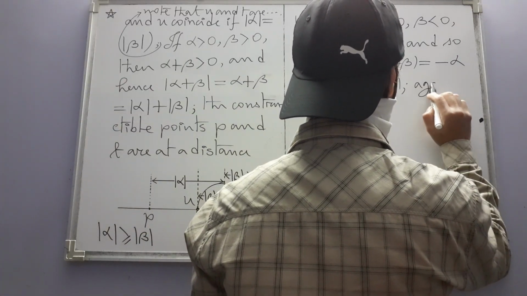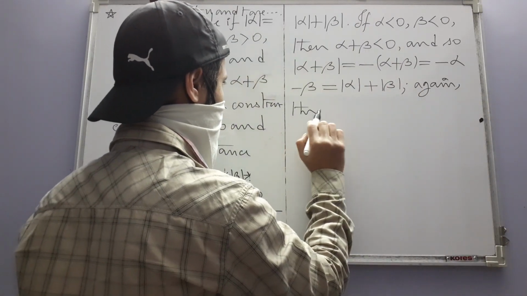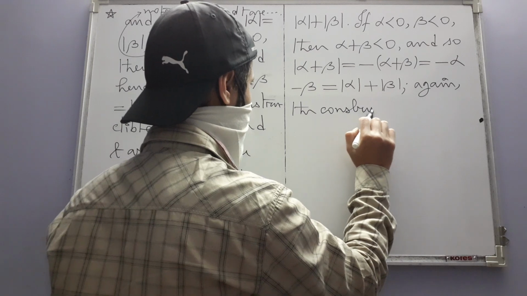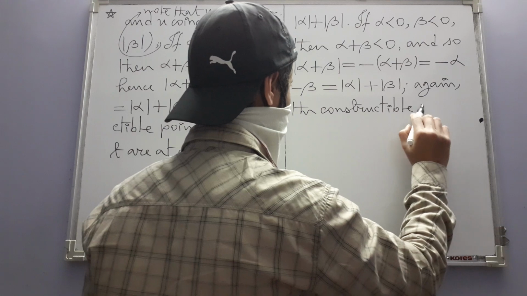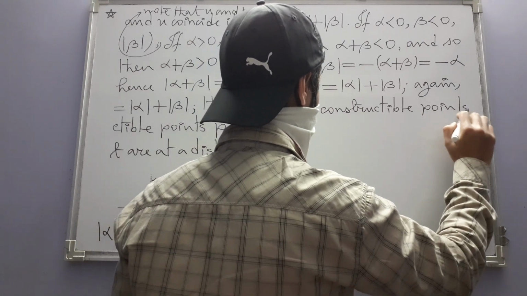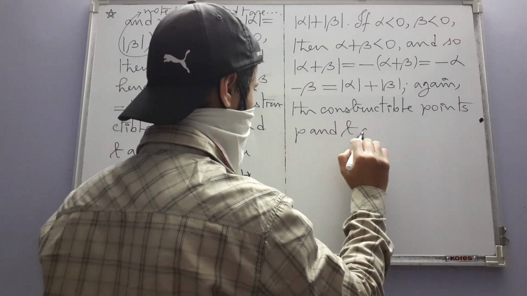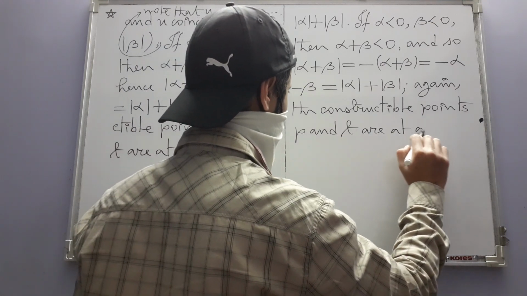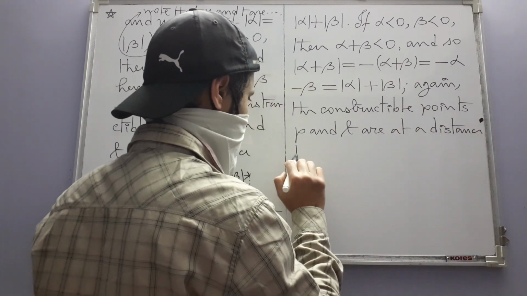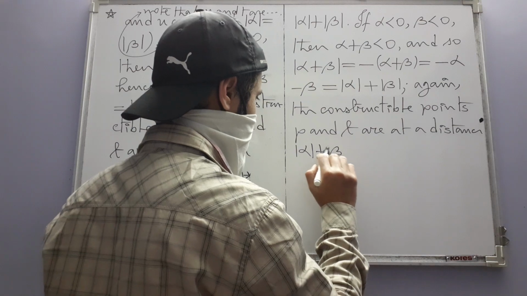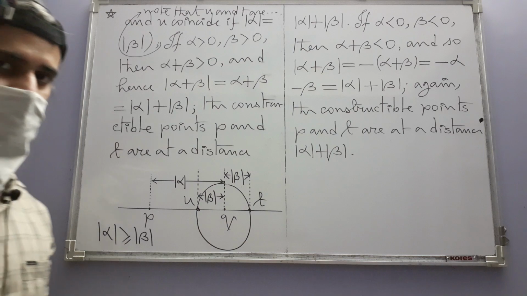So again, in this case also, the constructible points P and T are at a distance this. So this case also has been settled.